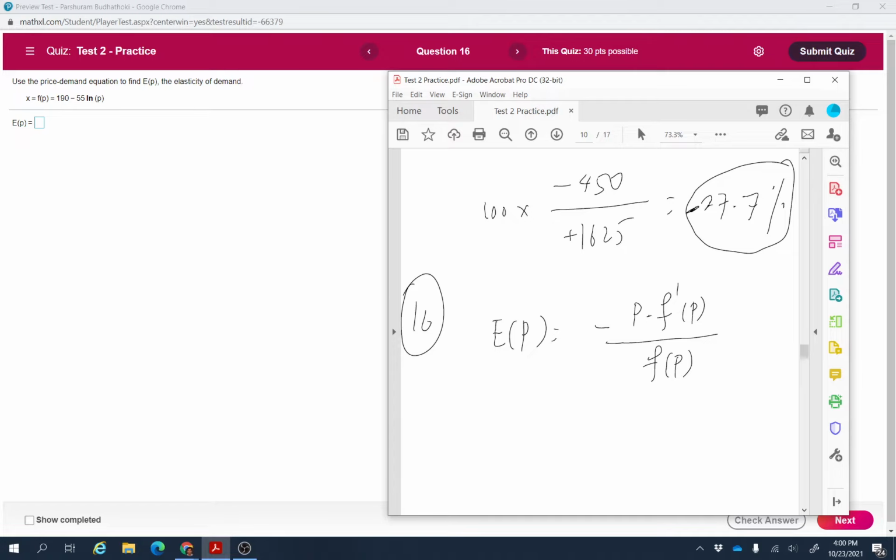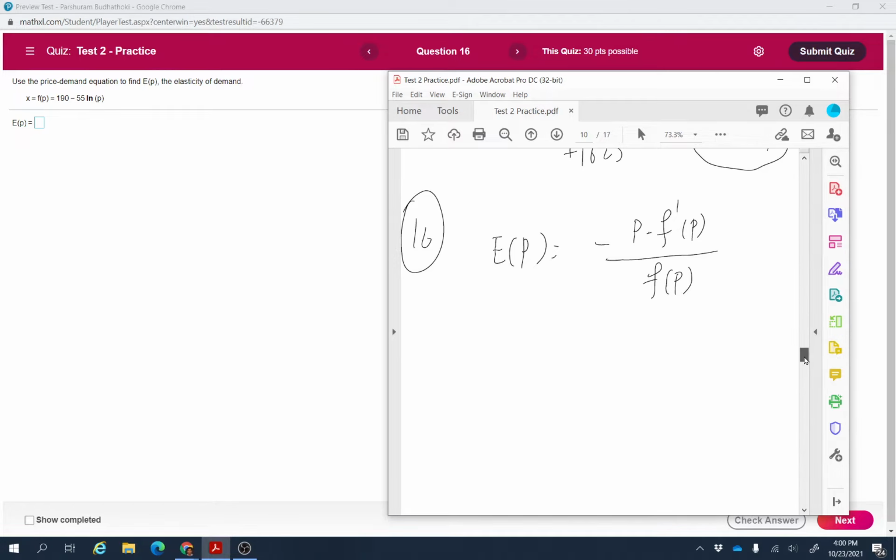So if you look at the function here, f of p is 190 minus 55 ln of p. If we try to find out the derivative of this function, the derivative of first part is 0, the second part is 55, the derivative of ln of p is 1 over p, so it's negative 55 over p.